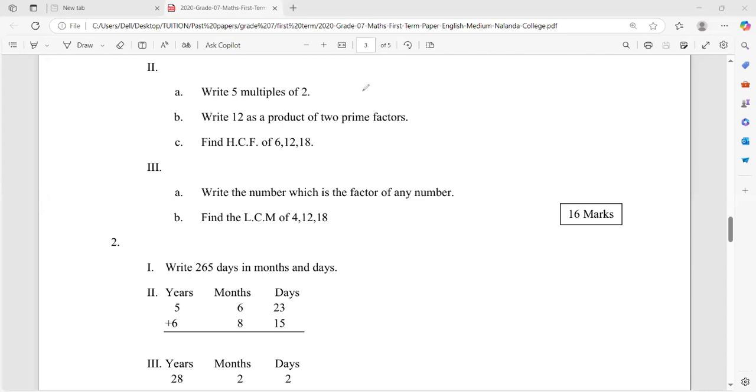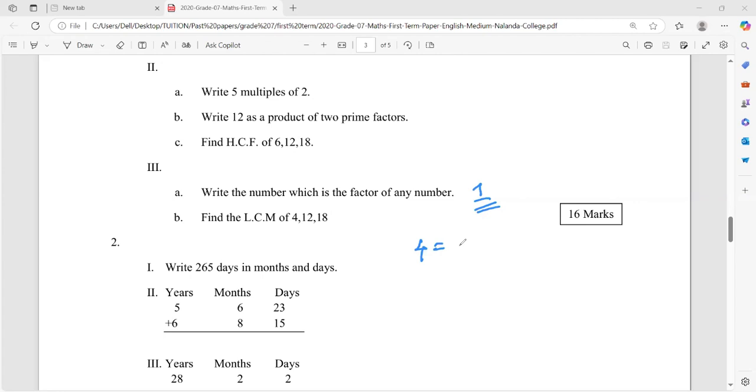Okay, let's go to part 3. Write the number which is a factor of any number. Actually, it is 1. 1 is a factor of any number. Find the least common multiple of 4, 12, and 18. When you have to find the least common multiple, you have to write the numbers as a product of powers of the prime factors.